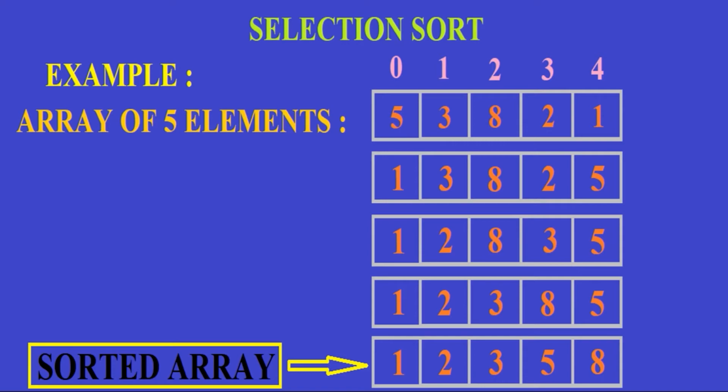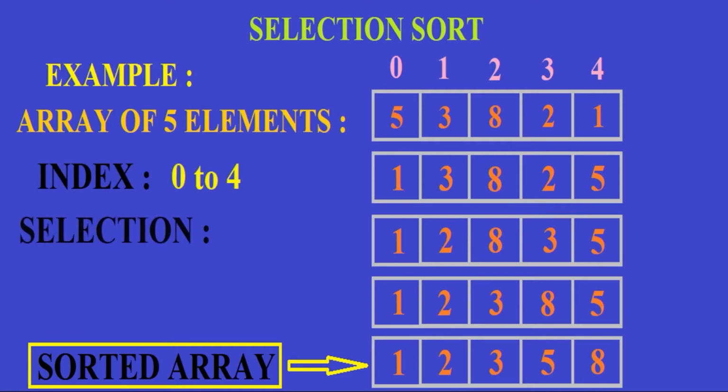This is the basic principle of how selection sort works. One by one, the indexes are selected and the smallest among all the elements is placed or shifted to that particular index. Now let's look at one more piece of logic. In the array, the index numbers are from 0 to 4, and in the selection sort algorithm, it selects only till index 3.